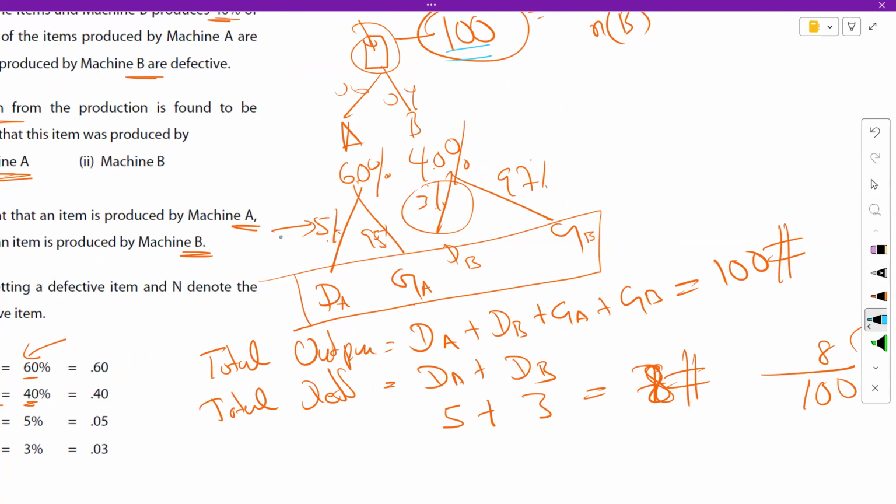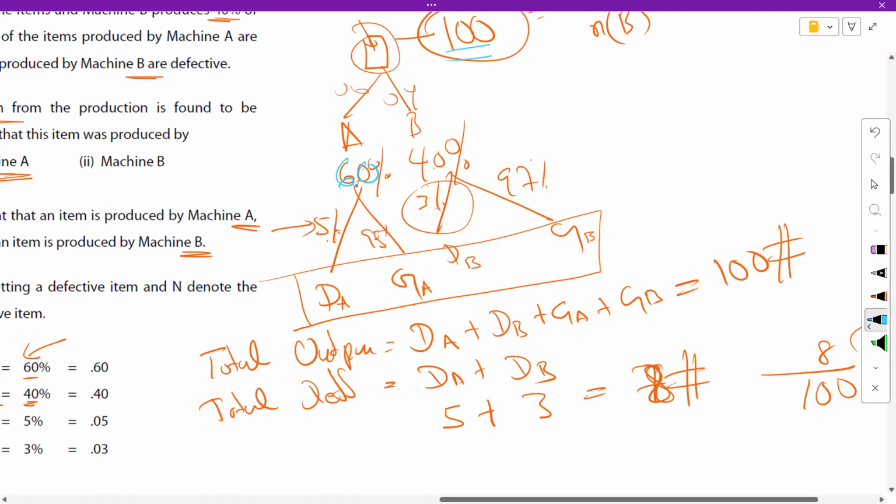How many units? Total production 100. A produces 60%. B produces 40%. Tell me how many units are produced by A? 60. B, 40.